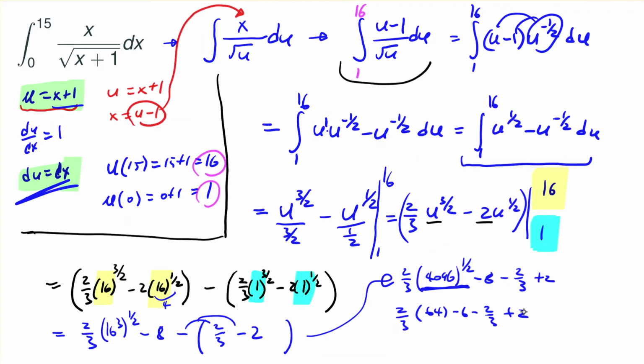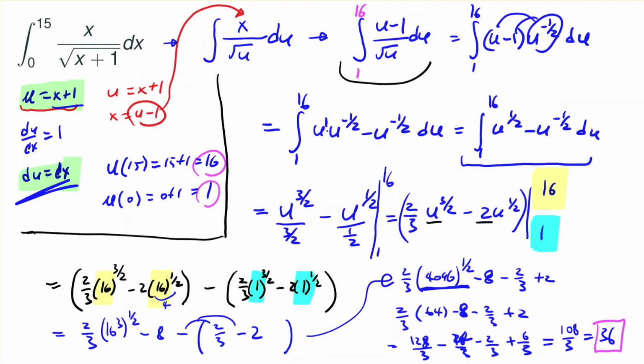So if we simplify this with the common denominator, we get 192 over 3 minus 24 over 3 minus 2 over 3 plus 6 over 3. Oh, sorry, this should be 8. This should be 24 here, sorry, 24. Which will give us the numerator of 108 over 3, which simplifies to 36. So this is our final answer right here.